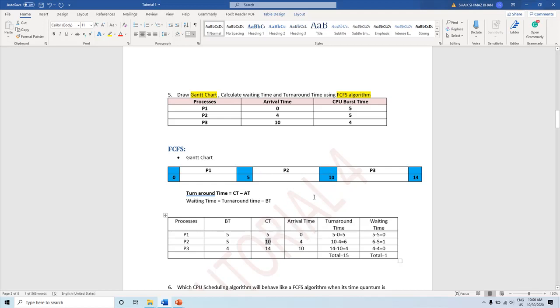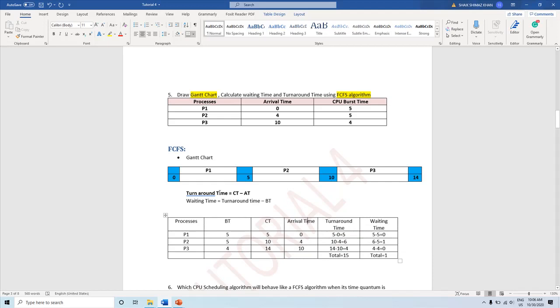You can see here. Process 3, the completion time is 14. And these are their burst time, and these are their arrival time.